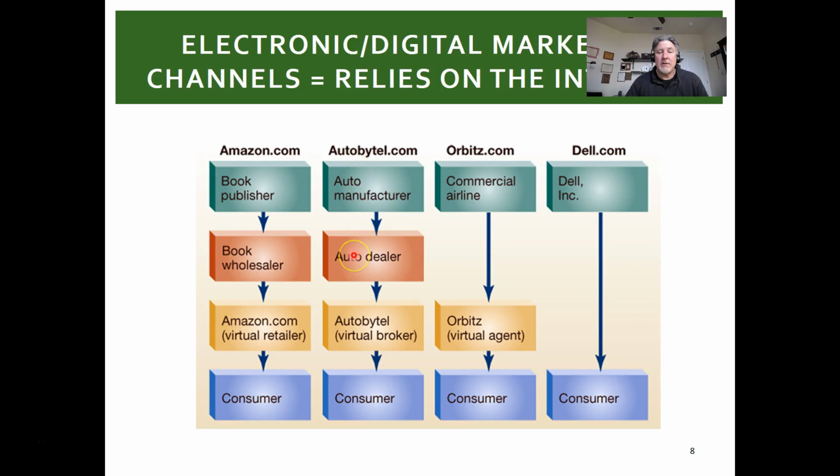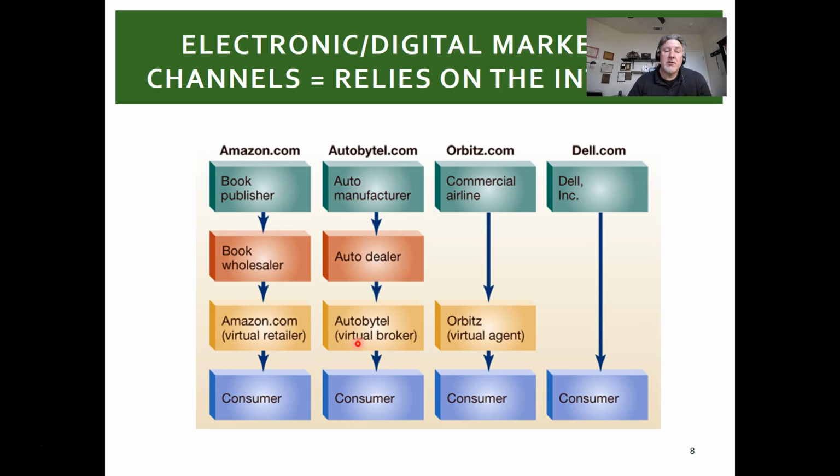Autobytel, which we know is the largest distributor of used and new cars, is literally a virtual broker, and they work with dealerships. The manufacturers distribute the cars to the dealership, but Autobytel can be that virtual broker, because of the internet, to get with the consumer.